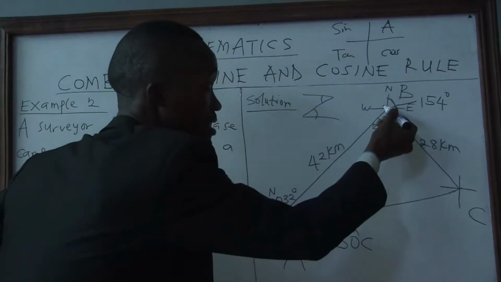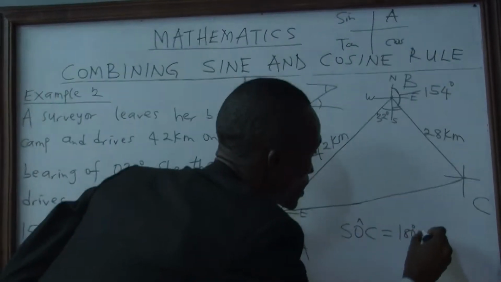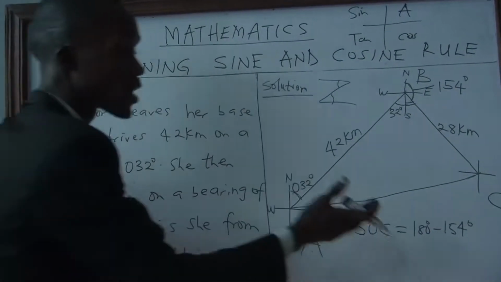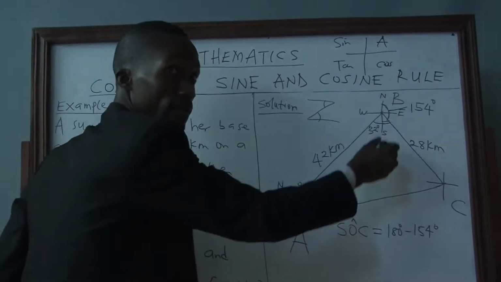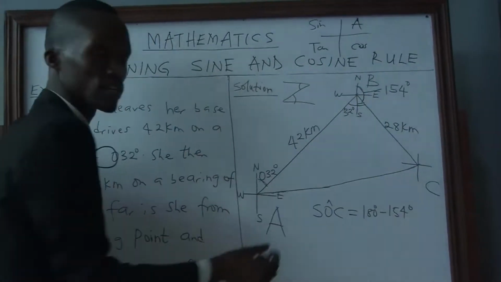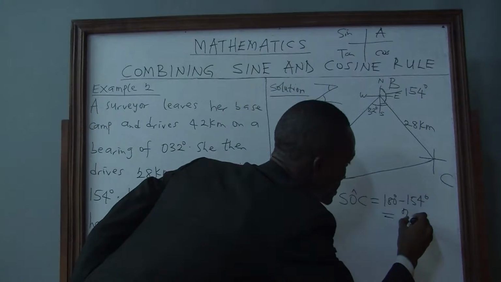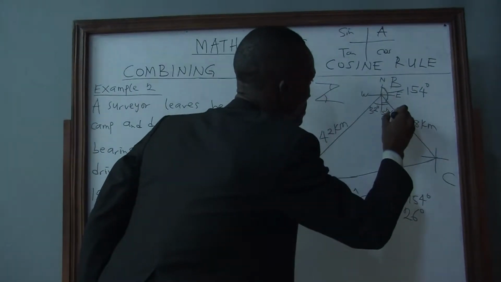This is south, this is the origin and this is C. So SOC is 180 minus 154 degrees, because this is a straight line and the angle on a straight line is 180 degrees. We have this one as 26 degrees.